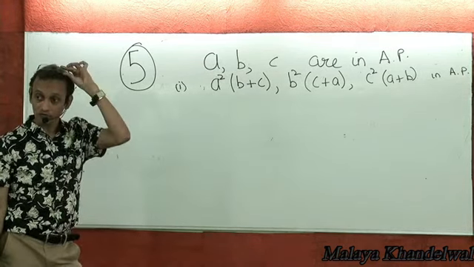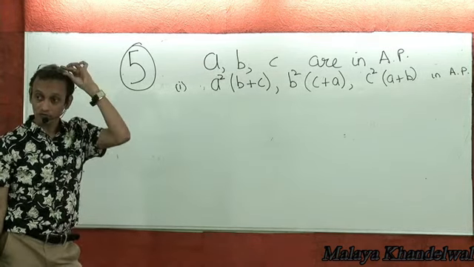Let me take A common from this. A. Then what I'm left with is AB plus AC plus BC. I take B common from this. Again, AB plus BC plus CA. I take C common from this. C into (AB plus BC plus CA).